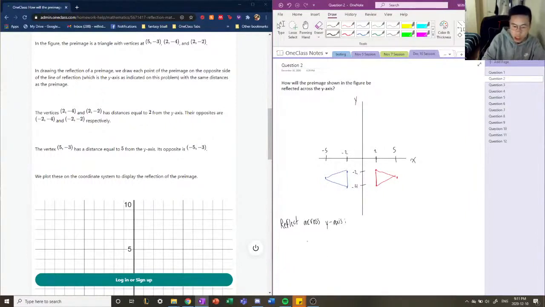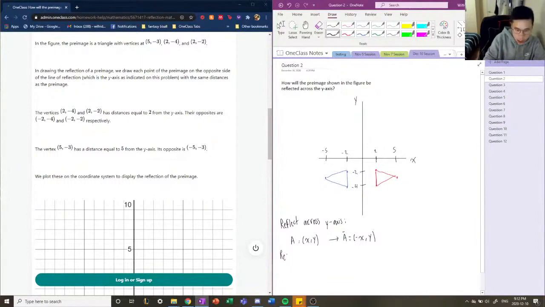So if you want to reflect point (x, y) across the y-axis, and let's name it A, then it will be (-x, y), right? And we'll do a prime. Okay, so that's how you reflect across the y-axis.